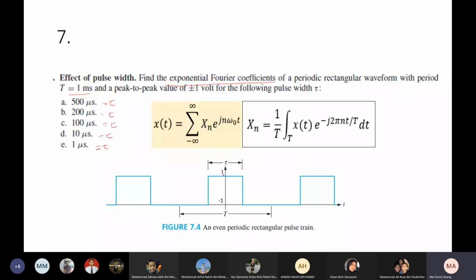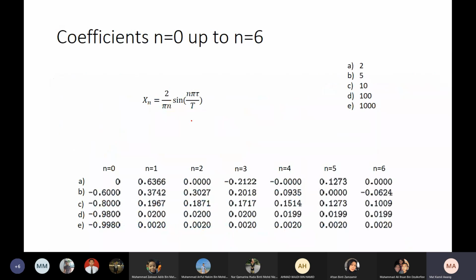And you have this signal, right? This rectangular signal from minus 1 to 1. And the pulse width is tau and the period is T. And if you do the integration, you get this as the function of xn, the coefficient of the exponential Fourier series.